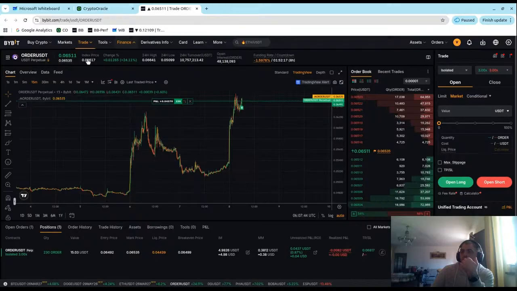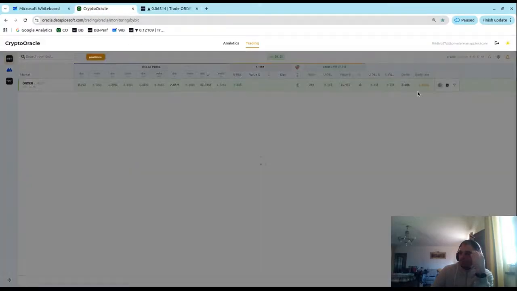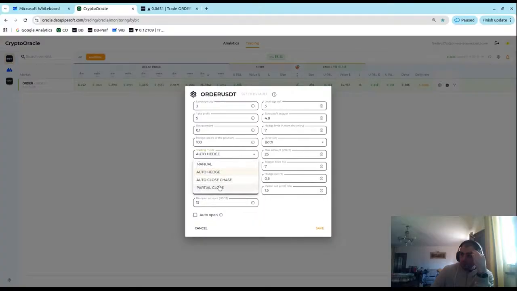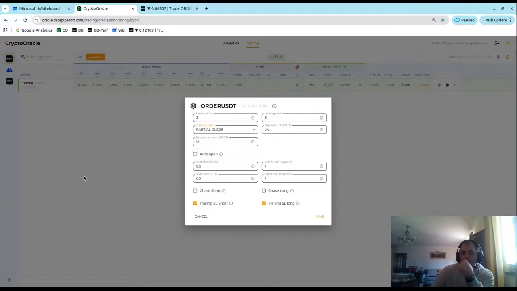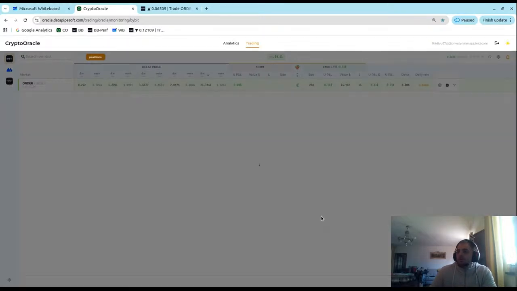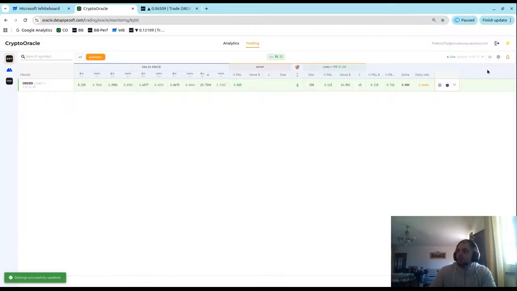Anyway, so what we've got now is an interesting strategy, which is going to be here, called partial close, and I'll explain what that means. So basically now we are able to see split positions, right?